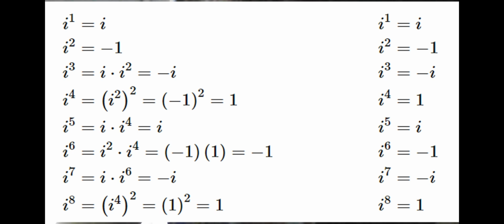So i cubed means negative 1 times i, or negative i. i to the fourth power is i squared times i squared, which means negative 1 times negative 1 equals positive 1. i to the fifth power is 1 times i, which is i.